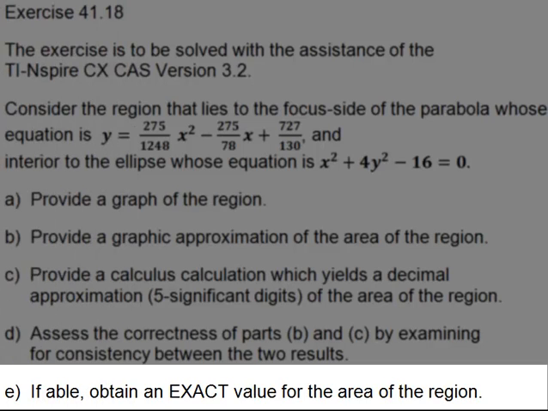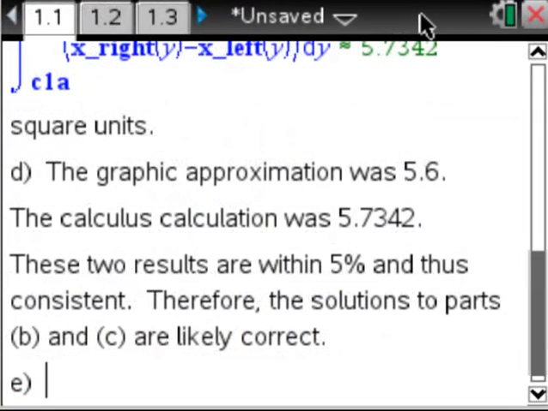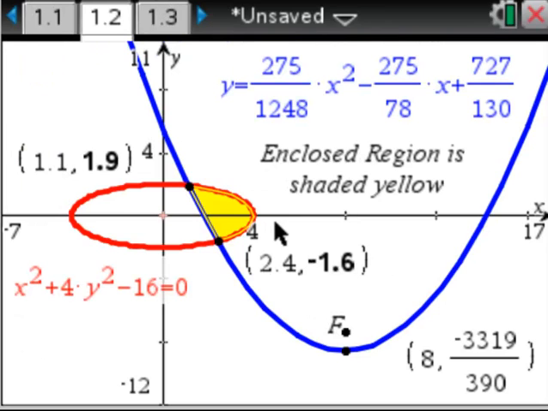Part E. If able, obtain an exact value for the area of the region. Alright, an exact calculation has 2 hurdles to be crossed. One is we have to be able to obtain exact limits of integration. Alright, so what does that mean for us? Let's look at this page 2.